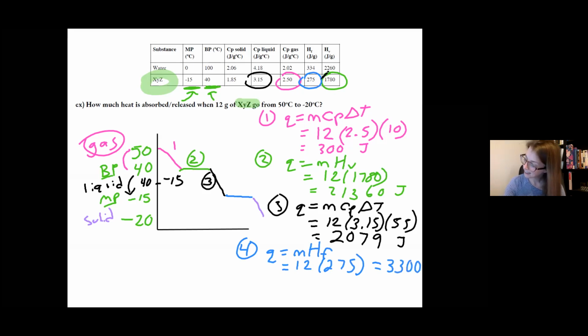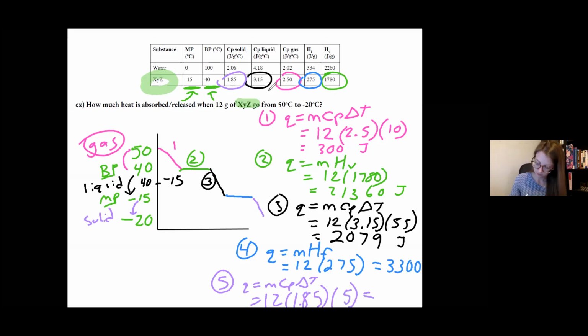And finally, step 5, we are cooling that solid even more. Since it's a solid, we use 1.85 for whatever this XYZ thing is. And it's changing temp from negative 15 to negative 20. Do negative 15 minus negative 20, bigger minus smaller. Or you could know that's a change of 5. We get 111.